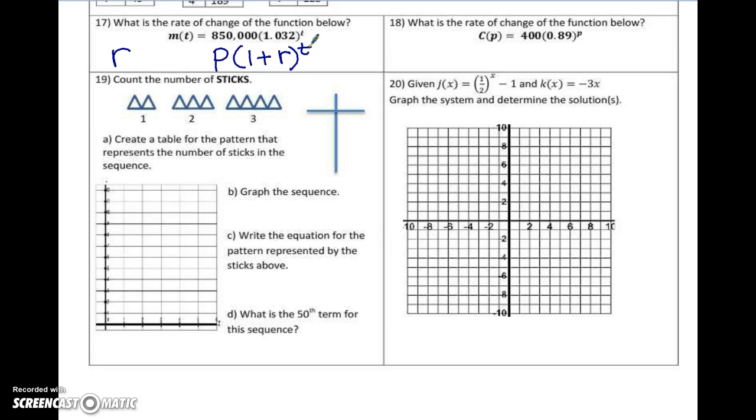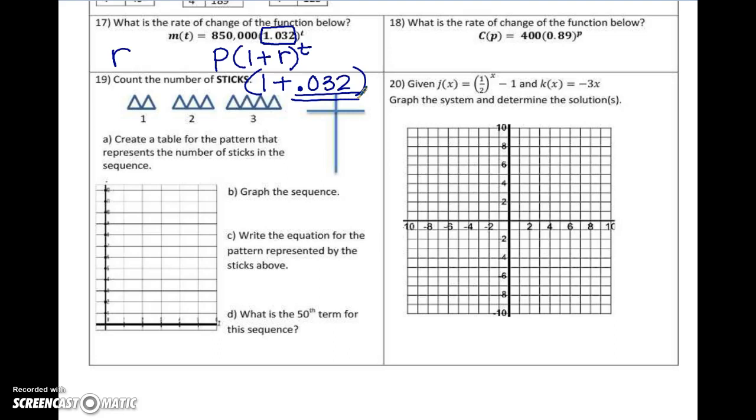So what we need to do here is separate this out to find out what the rate is. So 1 plus... to get 1.032, I would have to add 0.032. And then the r value is a decimal when originally it was a percent.